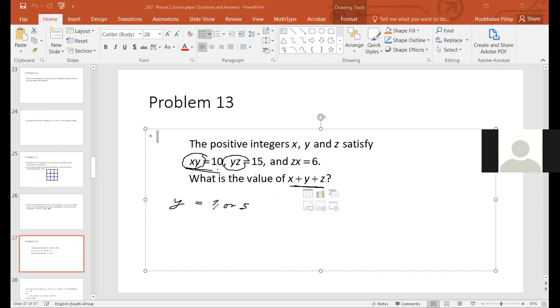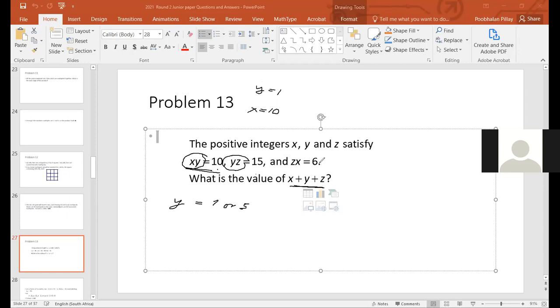So let's just say for the time being that y is equal to 1. Then what happens? If I put y equals 1, then x is equal to 10, because then you'll have 1 times 10. But now 10 would be a factor of 6 from this last one. That's not possible, because x is a factor of 6 here, and z is a factor of 6.